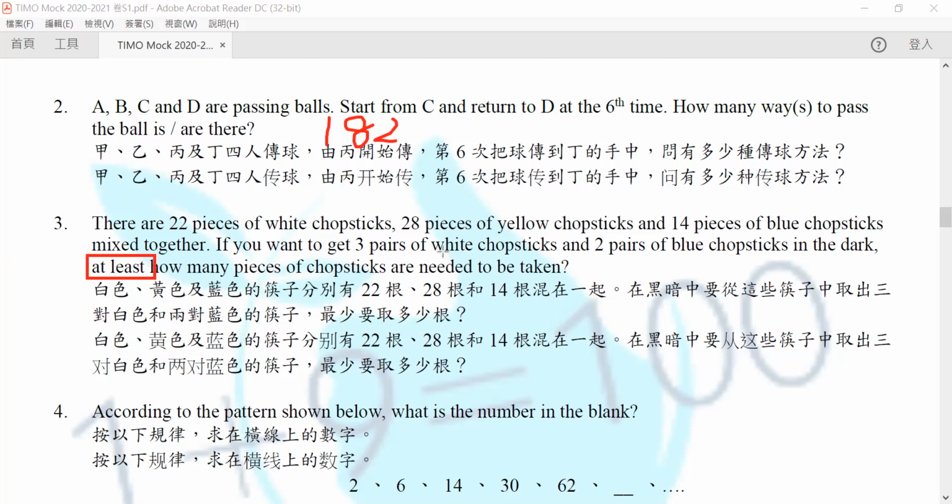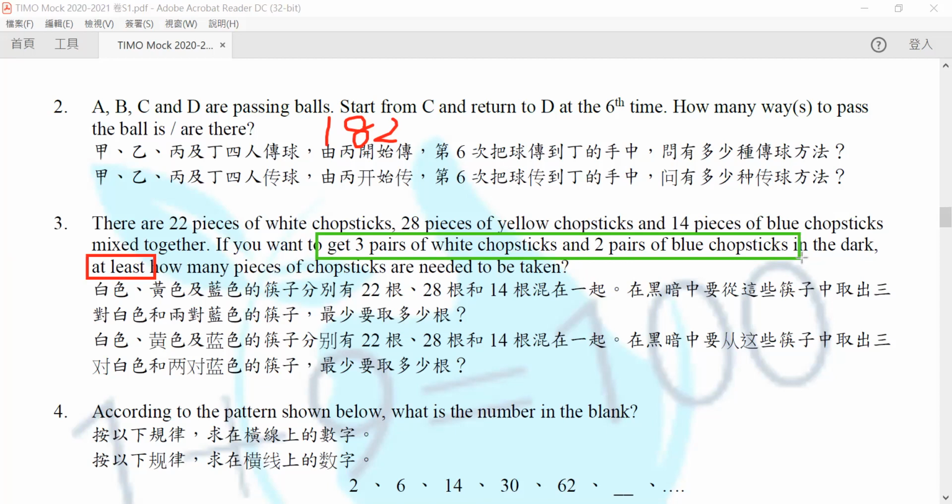What if we pick the maximum number of chopsticks such that this line, getting 3 pairs of white chopsticks and 2 pairs of blue chopsticks, is not true? How can we do this such that this is not true?